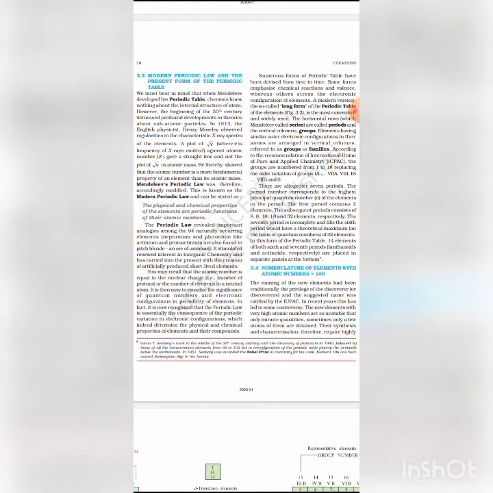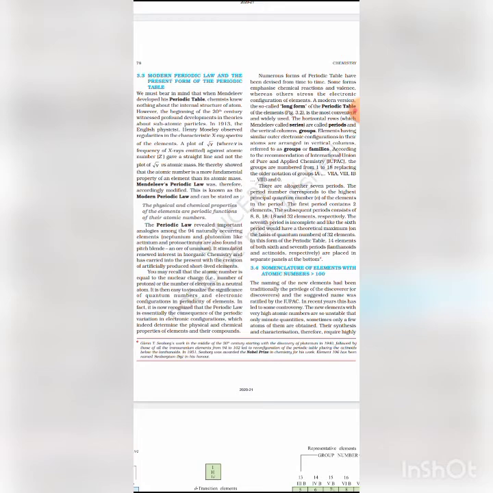Okay. So, group 1, they are called alkali metals. All the metals in group 1 are silvery but soon become dull as they corrode quickly in air, and they also react quickly with water, giving off hydrogen gas and producing alkaline solutions. Because of this, they are called the alkali metals.